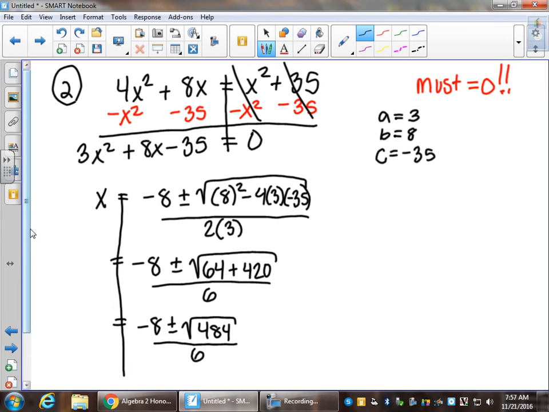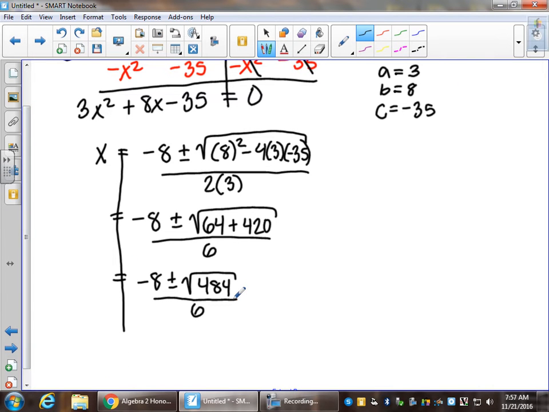Remember your 3 options once we have a radical. The number stays in, number comes out, or we can break it apart. Just to see what we get, let's try the square root of 484 in our calculators. We always want to try that first. Square root of 484, check that out.